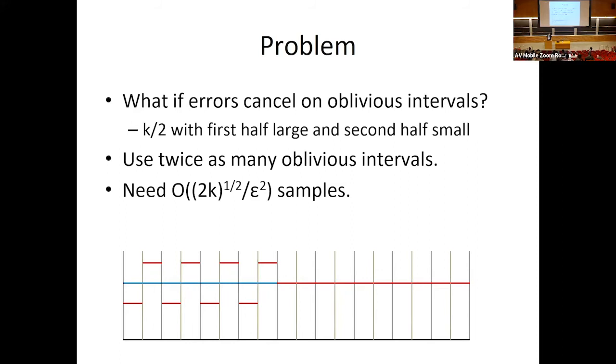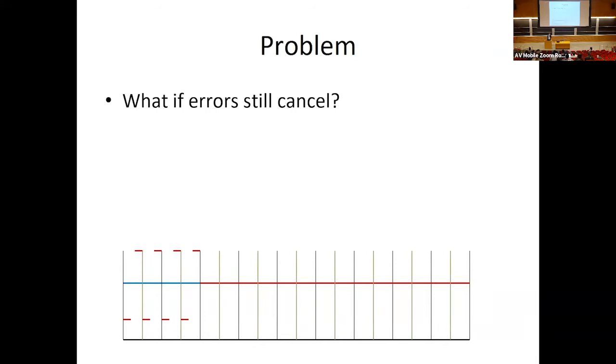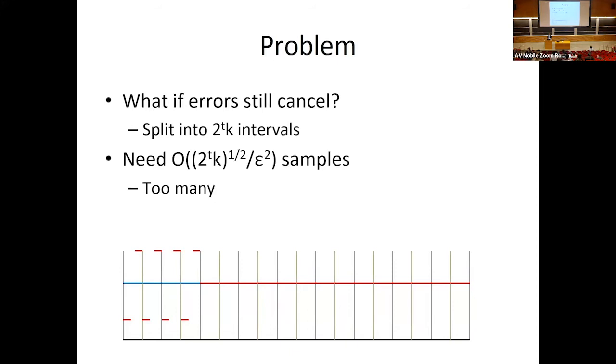Of course, this just begs the question, what happens if these things cancel over these smaller intervals? Well, we can keep going. We can split into more and more intervals. But the problem is, if we split into 2^t times k intervals, we now need square root of 2^t k over epsilon squared samples, which is too many. But there is something that saves us.